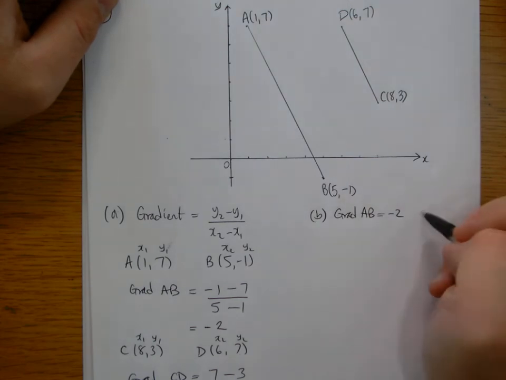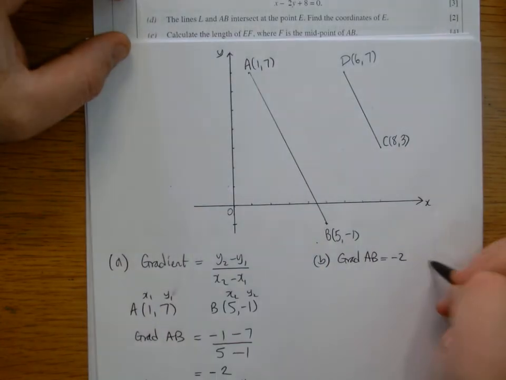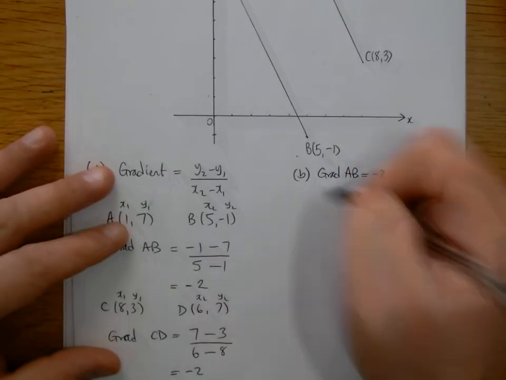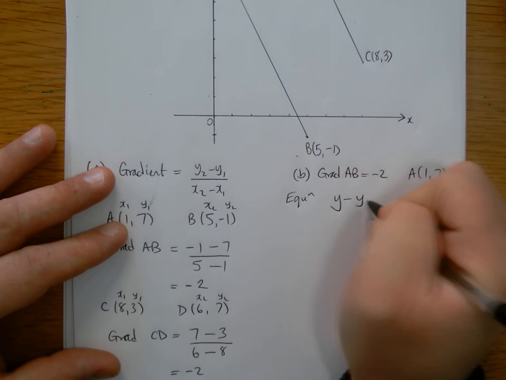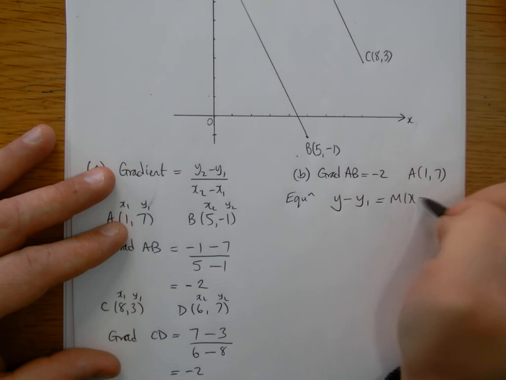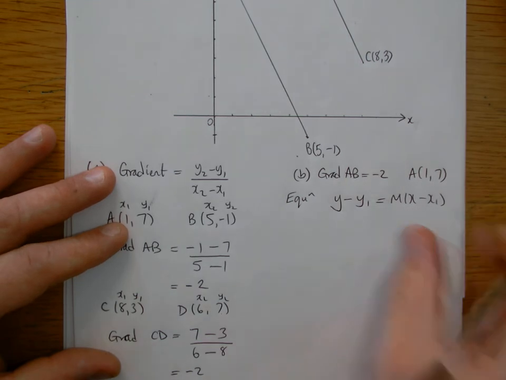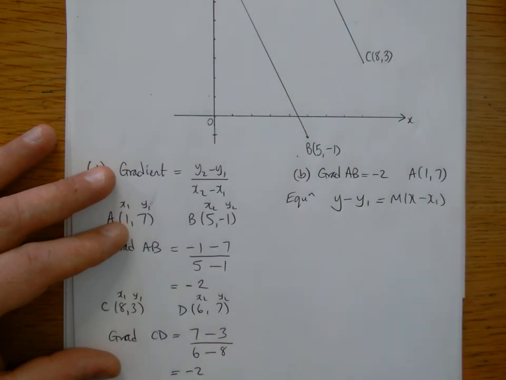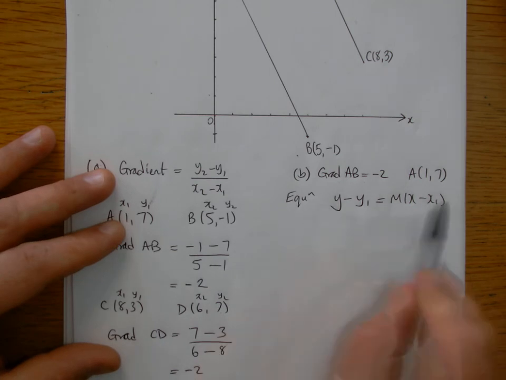You can choose any point, B or A. I'm going to choose the point A because it's positive. For the equation formula, there's two ways of writing it out. You could write y minus y1 equals m, then x minus x1. That's the general equation for the line, or sometimes you'll see it written with x minus x1 divided into y minus y1, equal to m. But that's the one we can learn there.